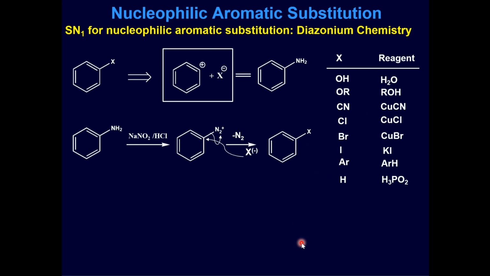The knowledge of diazonium chemistry plays an important role in achieving this. The reaction of this diazonium chloride with cuprous halides or cuprous cyanide is the Sandmeyer reaction. Yes, you can appreciate the knowledge of chemistry required for retrosynthesis.